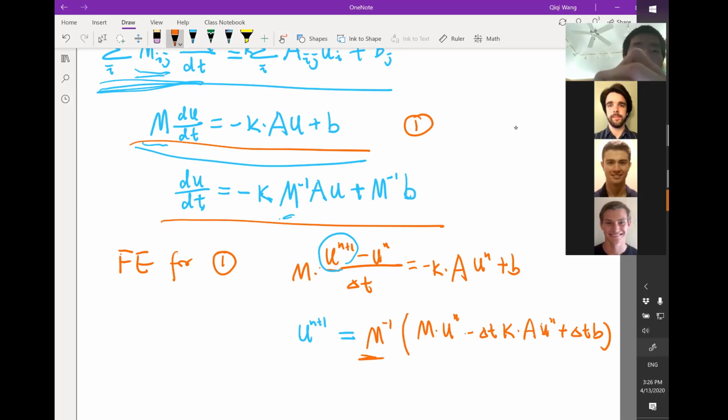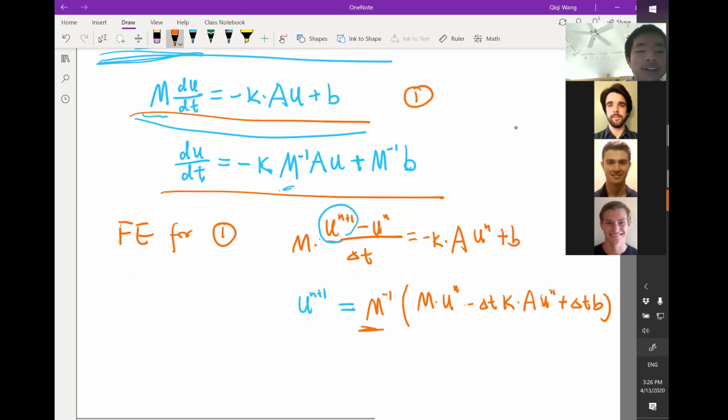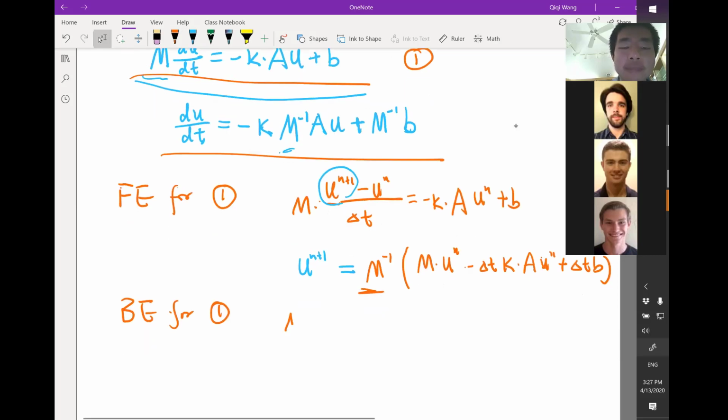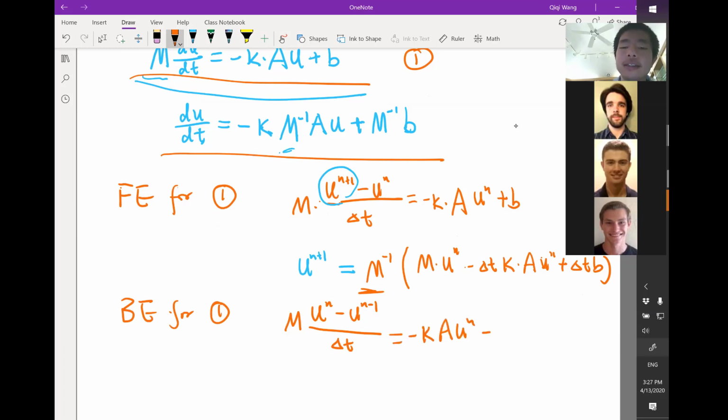If you apply backward order also for equation 1, that's an implicit scheme with all the advantages of implicit scheme. You would have M times (u^n minus u^(n-1)) over delta t equal to minus kappa, the same thing on the right hand side.